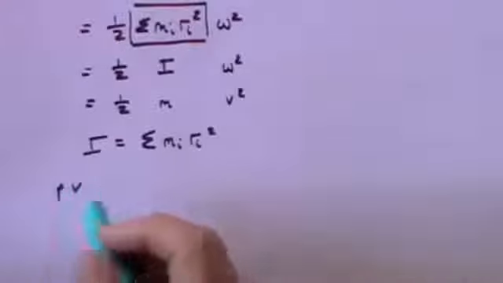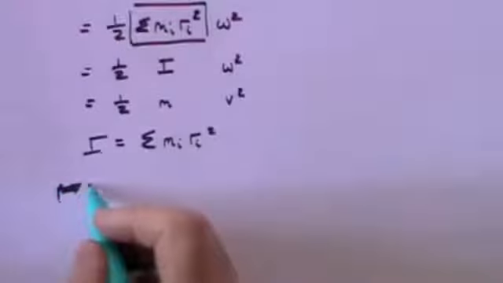We also wanted to find a rotational equivalent for momentum. Momentum is mass times velocity. And I should have said P is equal to mass times velocity. Is there then an equivalent in rotational terms? Well, yes, mass has an equivalent.